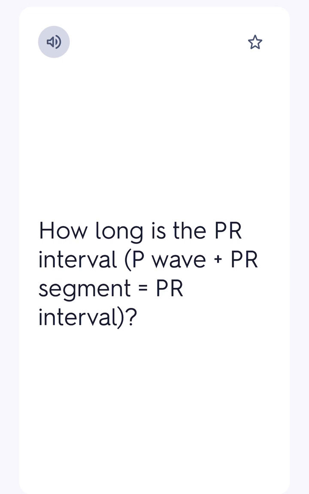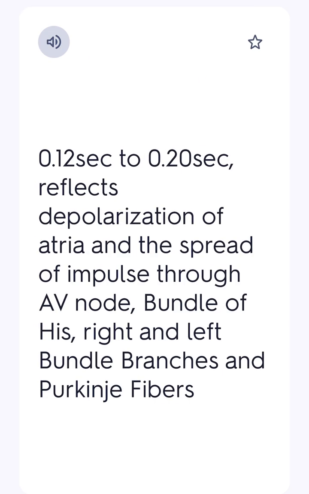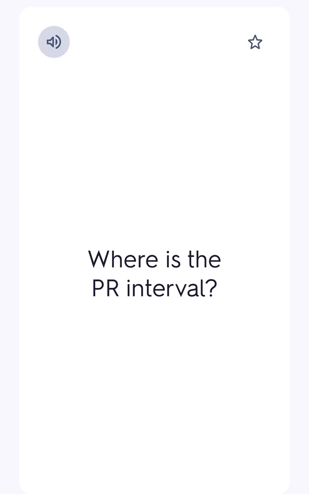How long is the PR interval? 0.12 seconds to 0.20 sec, reflects depolarization of atria and the spread of impulse through AV node, bundle of His, right and left bundle branches and Purkinje fibers. Where's the PR interval?